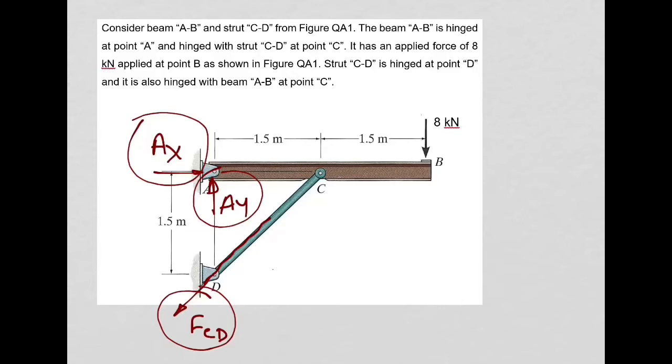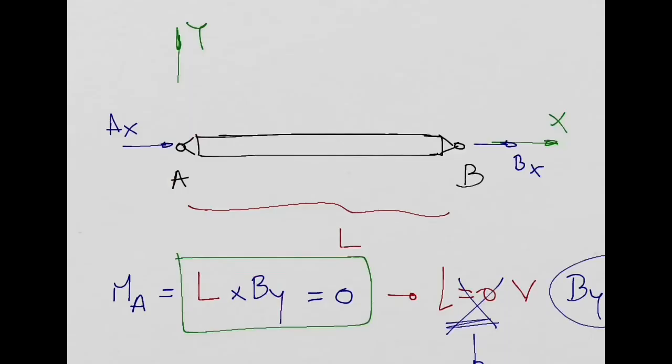Yeah. At C, is it a support or not? C is a support. C is a hinge as well, yes. You have a hinge at point C and you have a hinge at point D. That's why I represented this strut with a hinge. Imagine this is your point D. This is your point C from your strut, right?